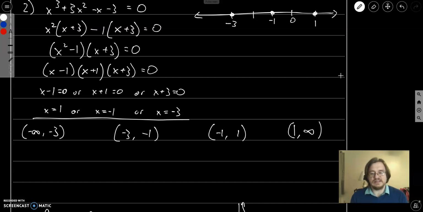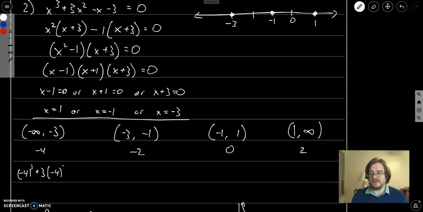A number less than negative 3, we can plug negative 4 in. A number between negative 3 and negative 1, negative 2 works. A number between negative 1 and 1, 0. And a number between 1 and infinity, let's use 2.